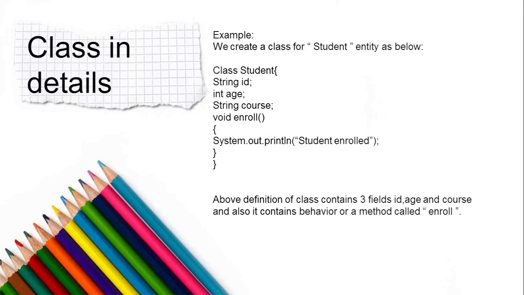Then we close the curly bracket for the scope of the method enroll, and then we close the curly bracket to close the scope of the class Student. So this is a class which contains three fields: ID, age, and course, and also a behavior, which is implemented using a method called enroll. Yes, this is an example of a class.